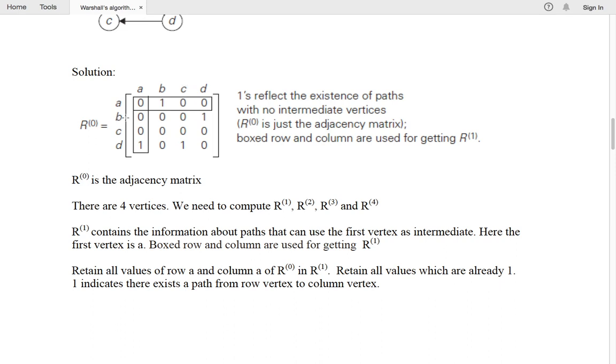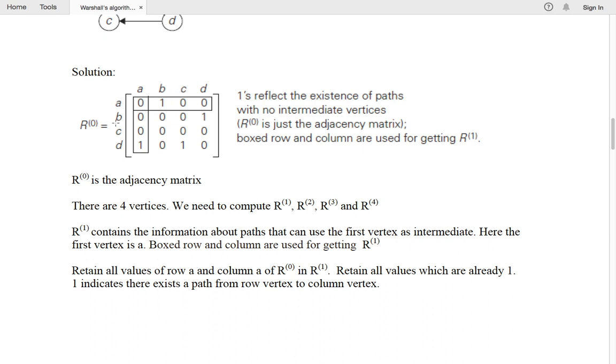What I need to compute is whether there exists a path, let's say consider BC. In R1, 1 is nothing but the first vertex A. Is there a path from B to C which goes from B to A and A to C?